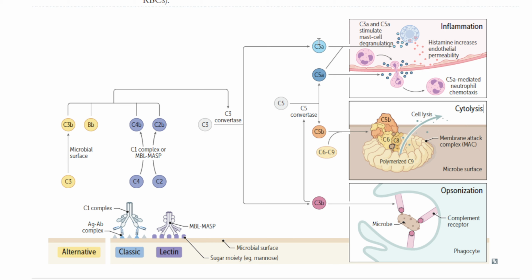And the other one here on the top is C3a, C5a. Remember, all the A's are for anaphylaxis or allergy. So C3a and C5a stimulate mast cell degranulation. When the mast cells degranulate, they're going to release histamine, which increases endothelial permeability.